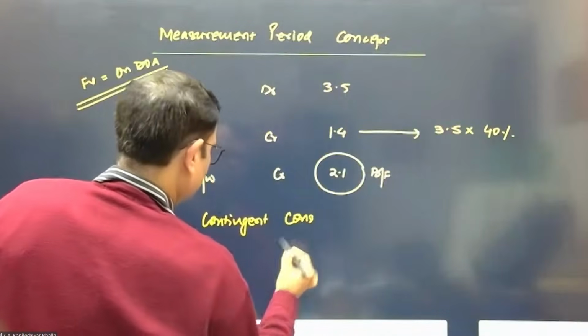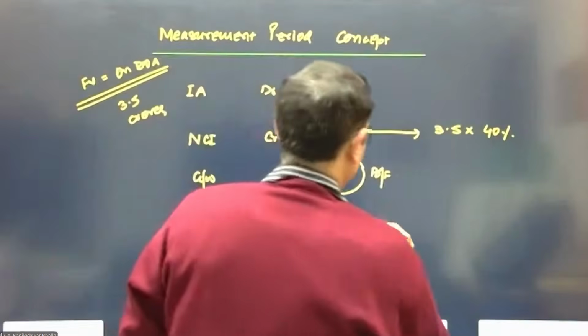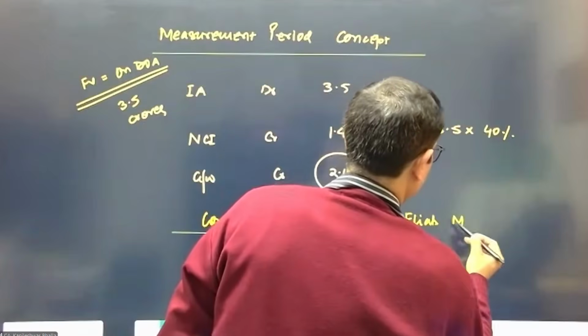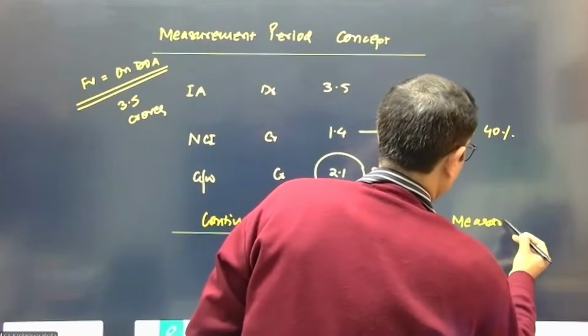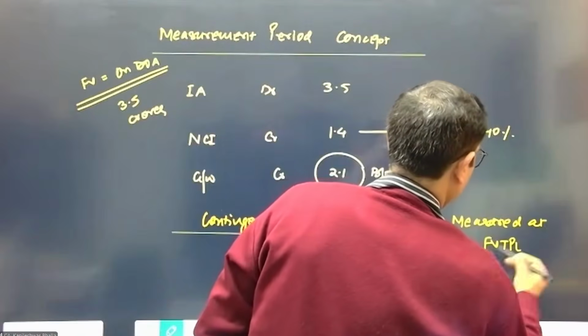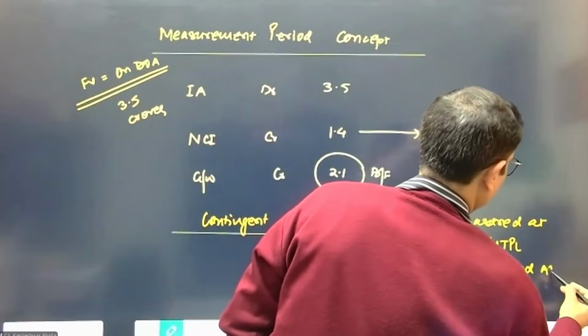We'll first mention to the examiner that this contingent consideration is a financial liability measured at fair value through P&L, as per Ind AS 109.